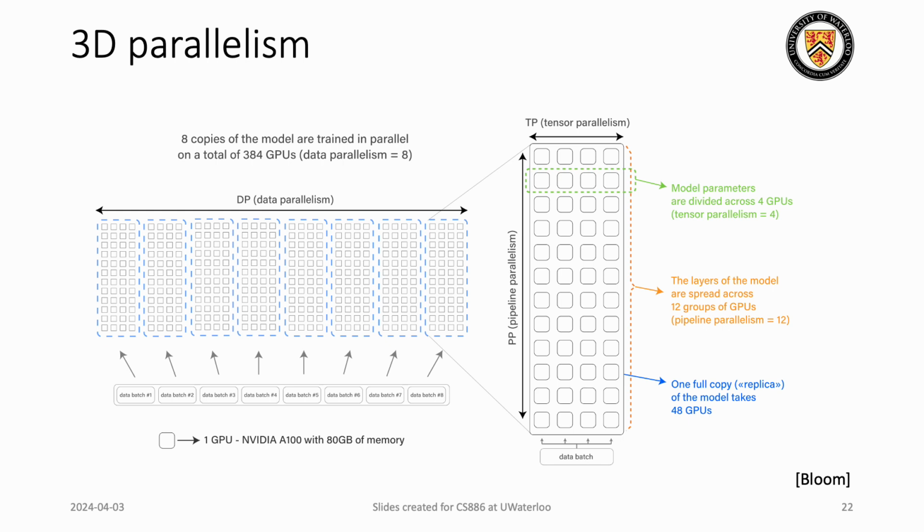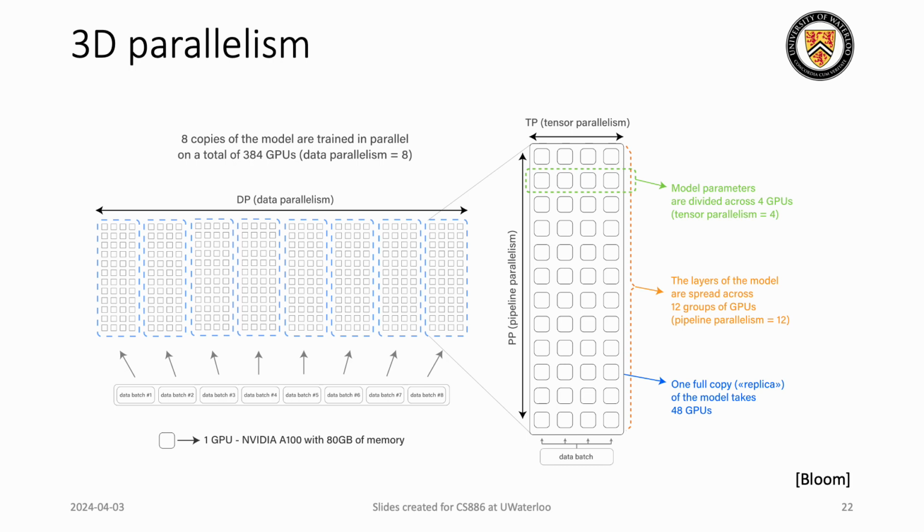So this is the model for Bloom, for example. It allows, so this is like 384 GPUs. It's like insane. You get 8 copies of the model, trained on a total of 384 GPUs. So you get 8 copies. This is the data parallelism.